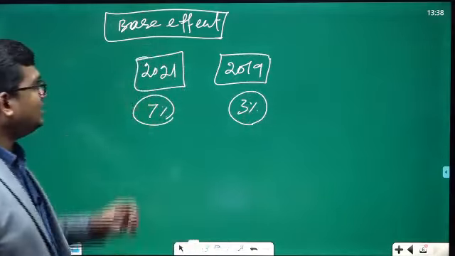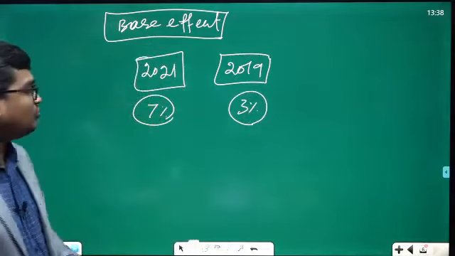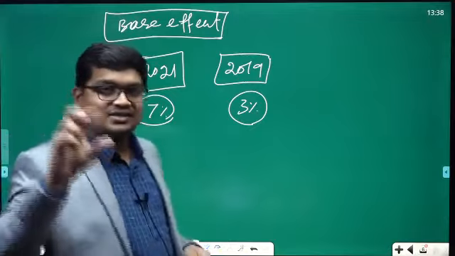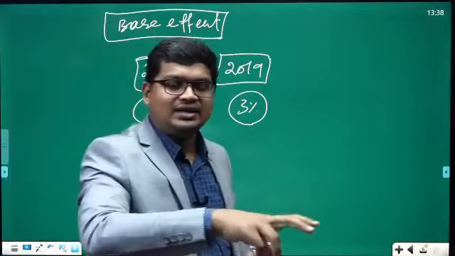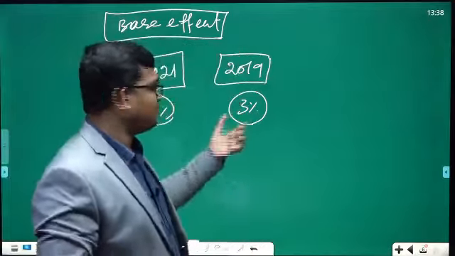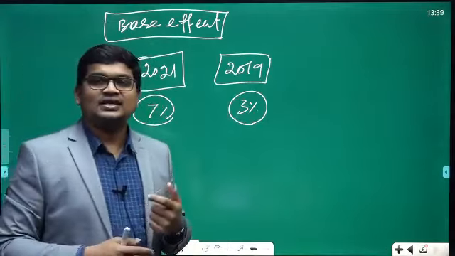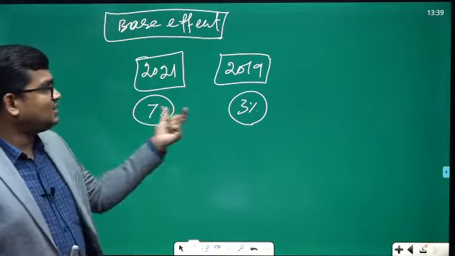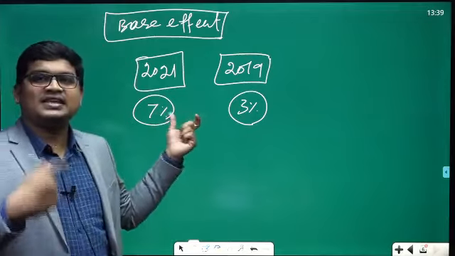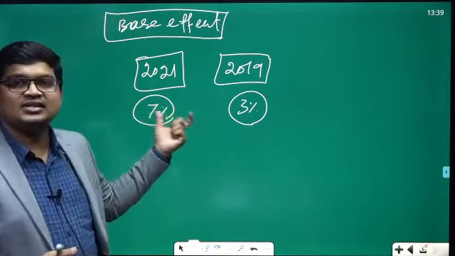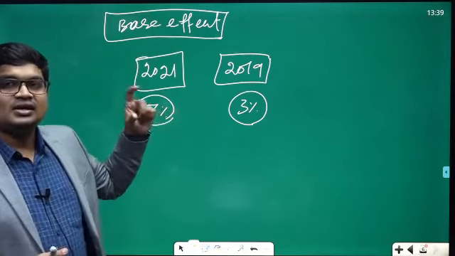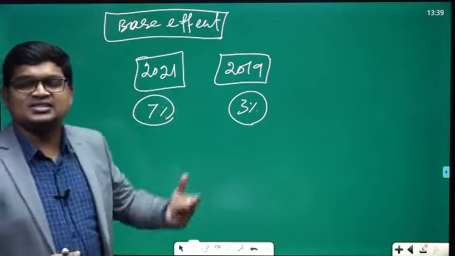I repeat, in 2021 the inflation was 7%, and in the same quarter in 2019 it was 3%. So now the difference is 4%. Then you will see there is an increase in the rate of price level, or an inflationary situation in the economy.